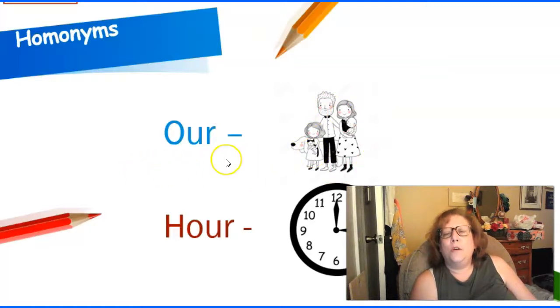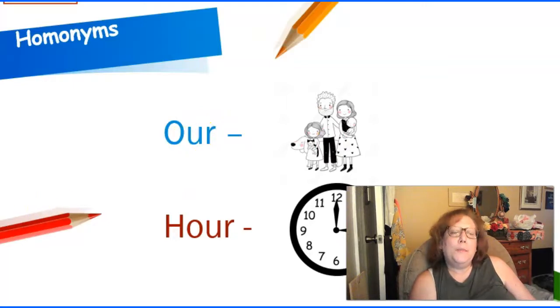That word hour, O-U-R, and then hour like on a clock. If I asked you what hour is it on this clock, it would be 3 o'clock. So you need to figure out, we love our kitten, this spelling, or we love our kitten, this spelling. Which one? Well, hopefully you realize that here's the little family holding a kitten. They would say it's our kitten. So this is the correct one, O-U-R.